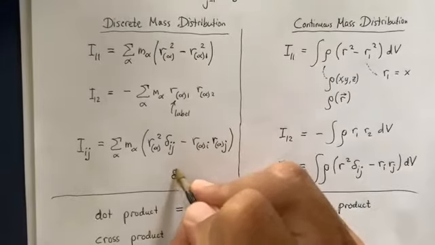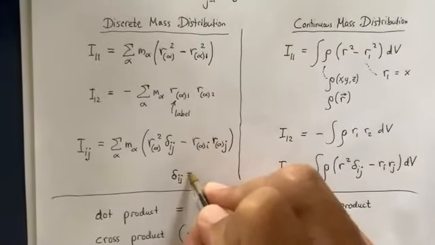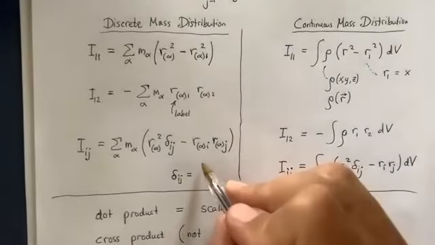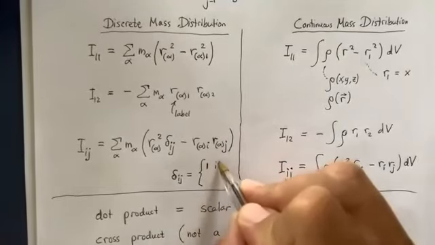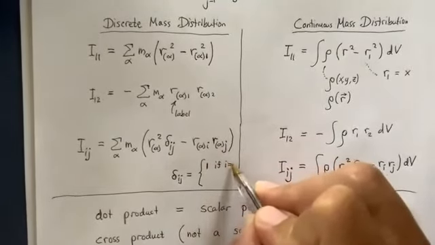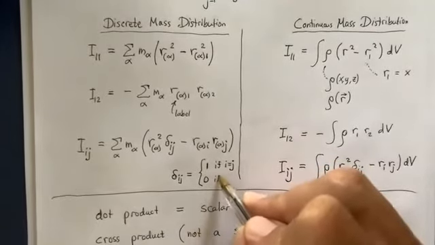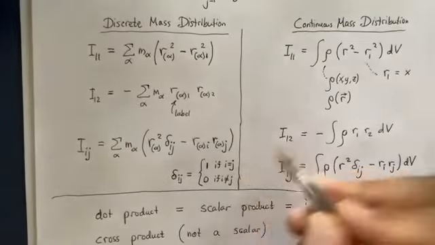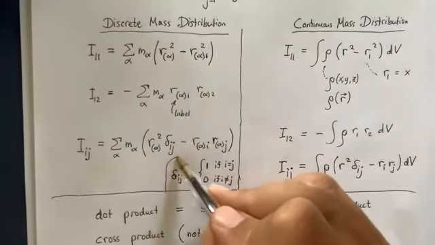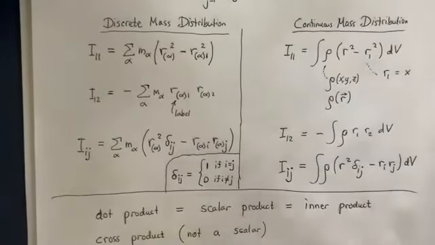Delta ij is equal to 1 or 0. It's equal to 1 if i equals j. It's equal to 0 if i is not equal to j. It's a pretty simple idea, really. The so-called Kronecker delta.